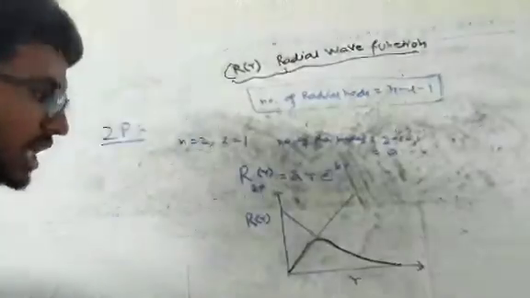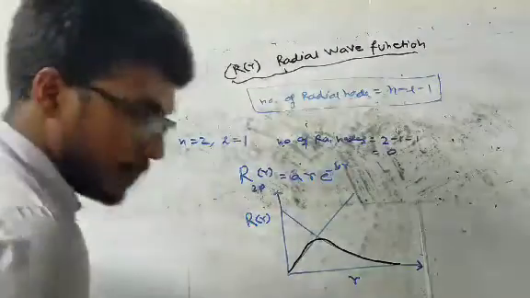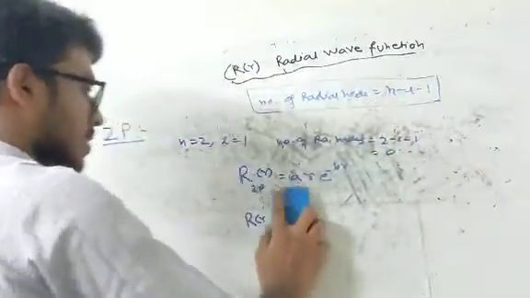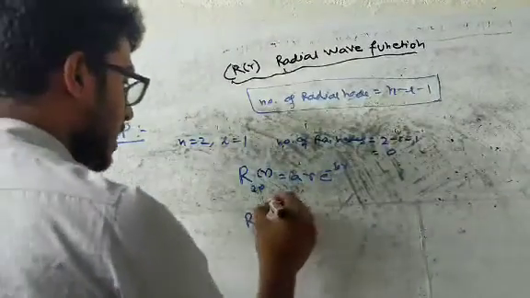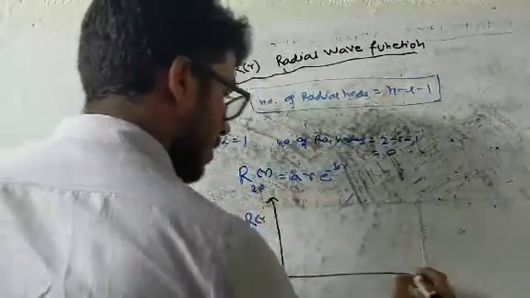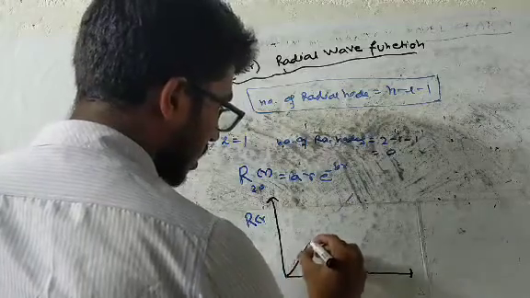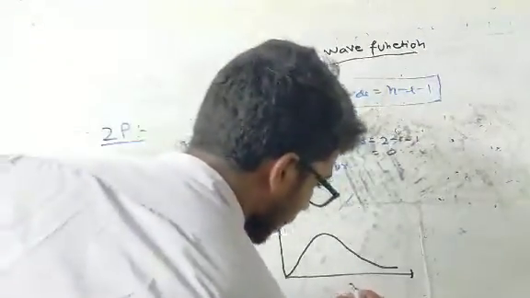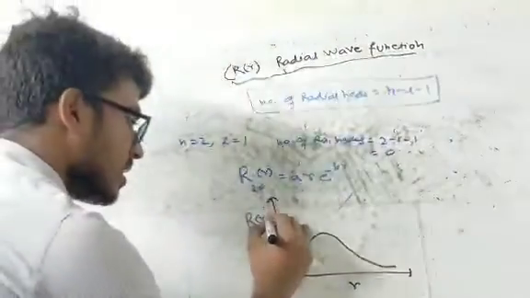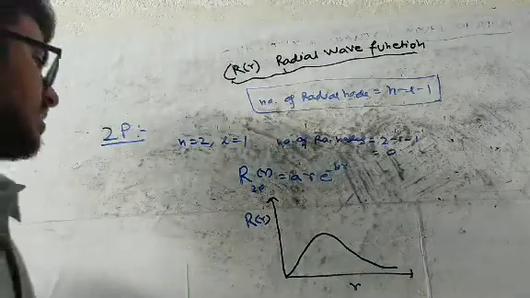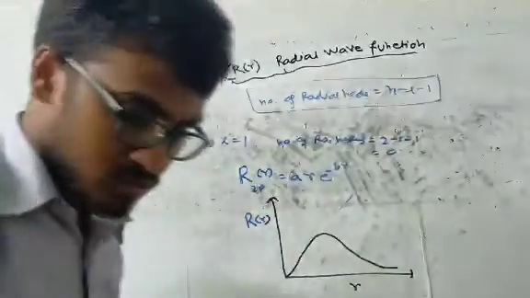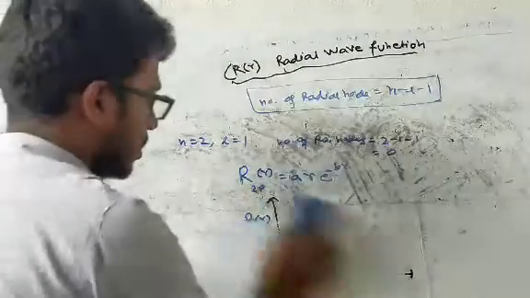So for the 2p orbital, the radial function looks like that. It starts from the origin, goes to a maximum, and then continues up to infinity. It will never touch the r-axis, as there is no radial node. Now go for the 3s orbital.